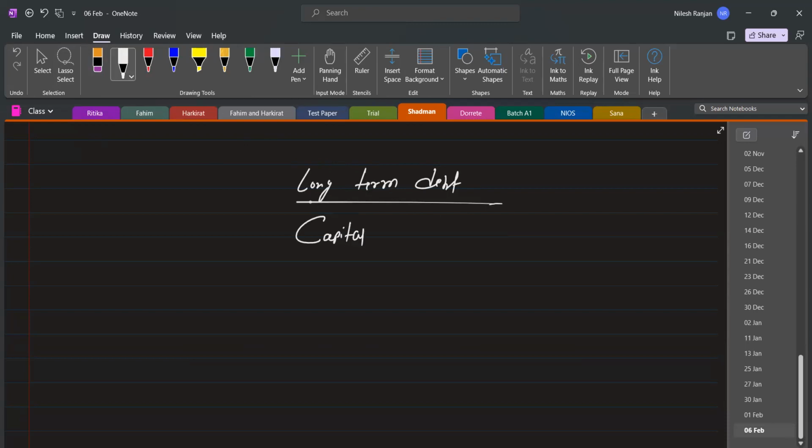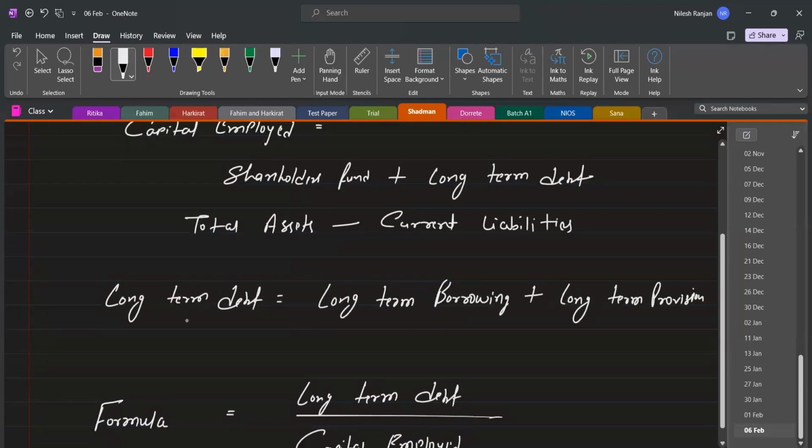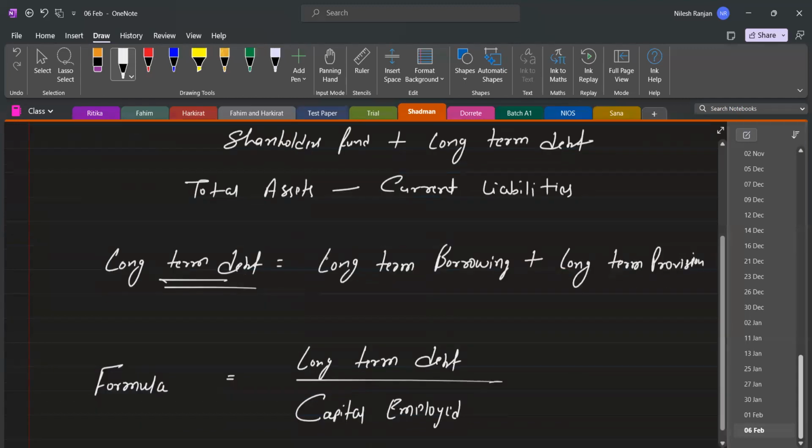You know the meaning of long-term debt. You know the meaning of capital employed. What will be the formula? So this is our formula for debt to capital employed. Long-term debt is here, this one, and capital employed is here. Okay.